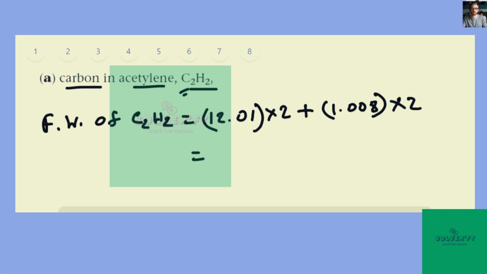This will give us a value of 26.04 atomic mass unit. All these values we have here are in atomic mass unit, and therefore we will have the formula weight in the unit of atomic mass unit.